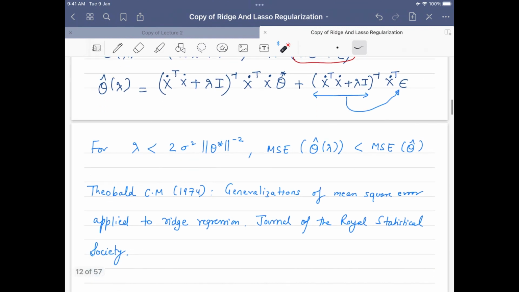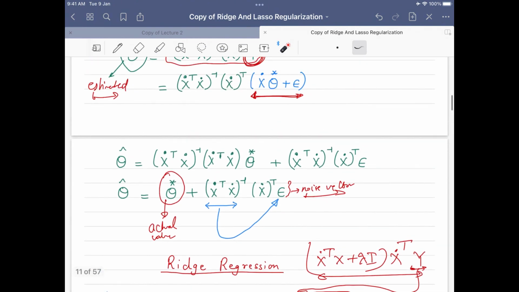It has been shown that if you select your lambda to be less than this value, then the mean square error that you will get in the estimated value of theta as a function of lambda, in the case of regularization, is less than the mean square error that you will get in the estimate of theta if you use this particular expression.